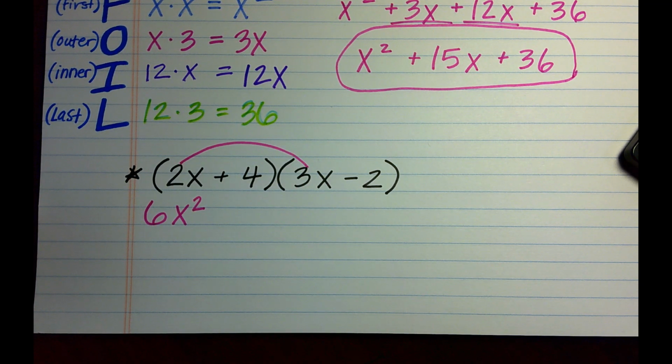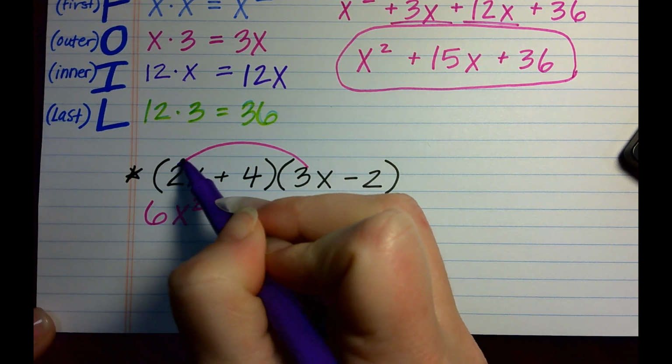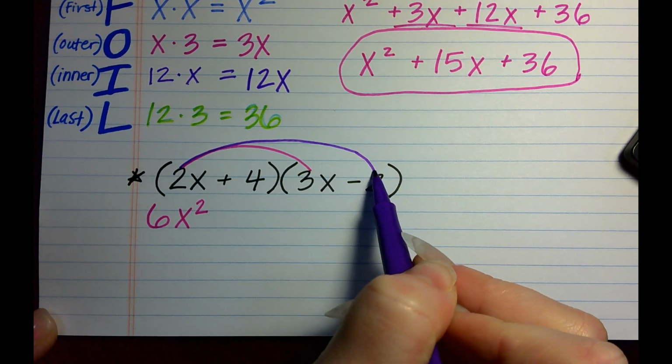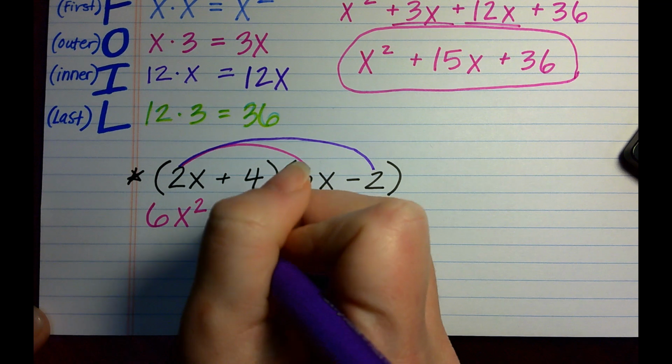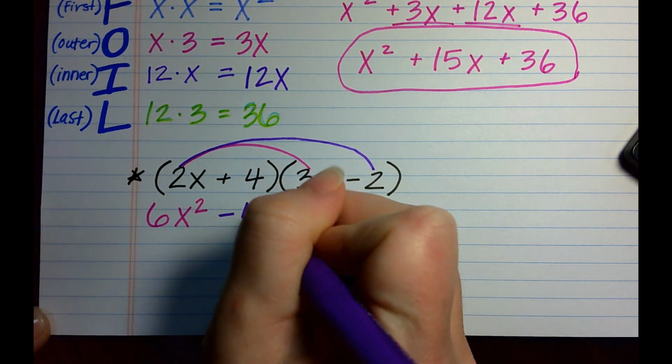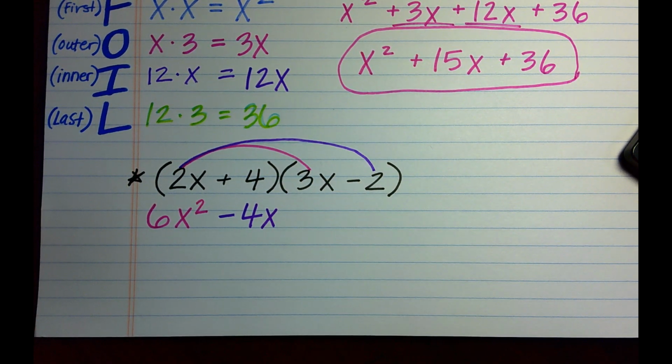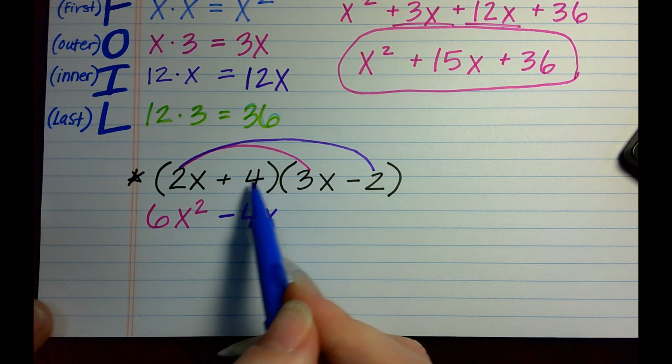What do we do next? 2x times -2. Perfect. That's the outer terms. What will that give us? -4x. Good. What's next? 4 times 3.